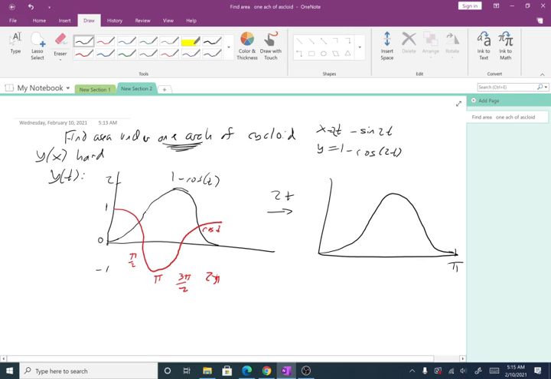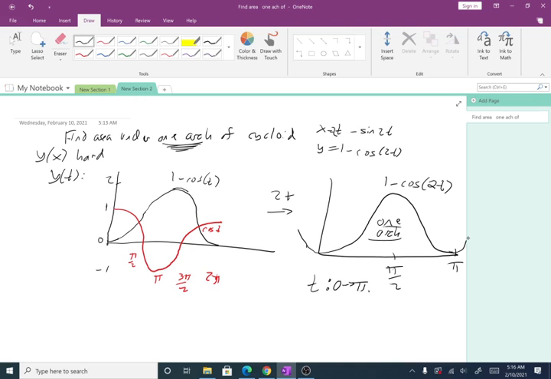So here's pi instead of 2 pi, here's pi over 2 instead of pi, and this is now 1 minus cosine of 2t. Okay, so this is one arch. One arch is the range t goes from 0 to pi, because as soon as we draw more, we get more arches. So that's all we need to do.